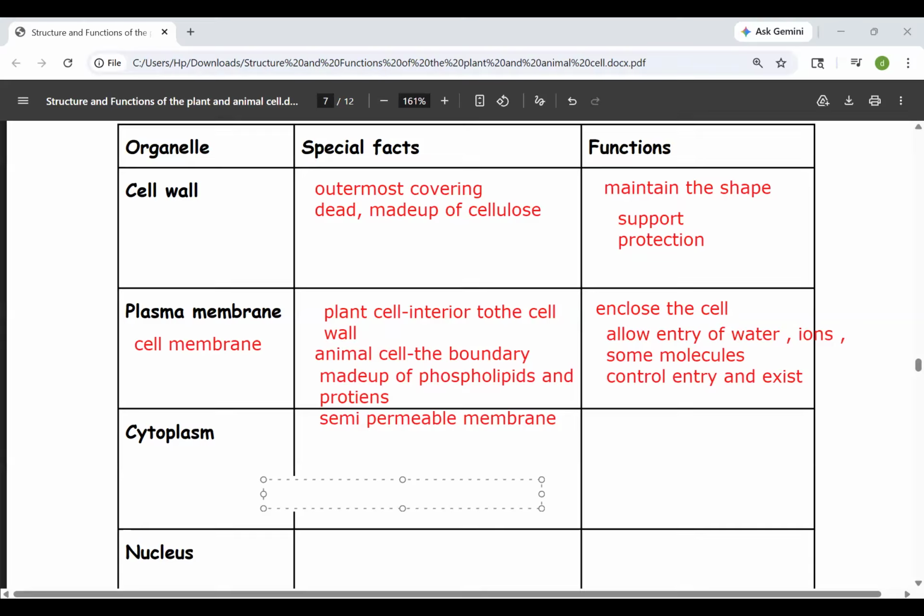That means you know it, right? We'll write gelatinous liquid part.